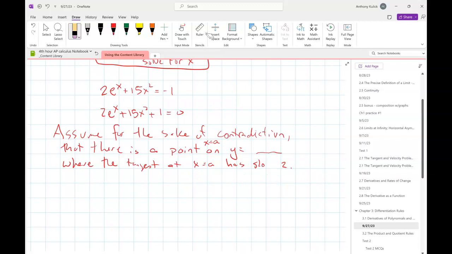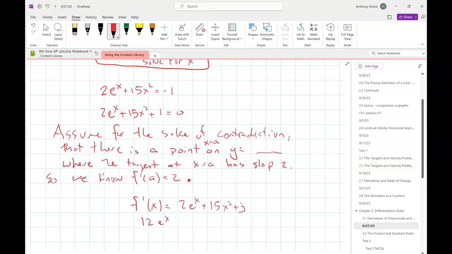So we have someplace where there's slope 2. So we know that f prime of a also is equal to 2, right? So far, so good. So f prime of x was equal to 2x cubed plus 15x squared plus 3.